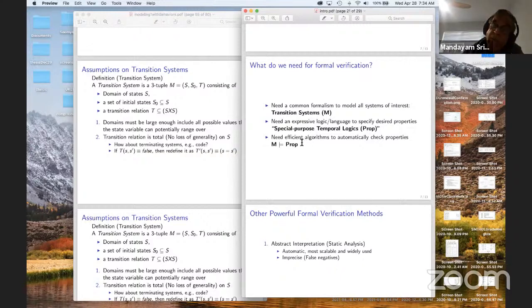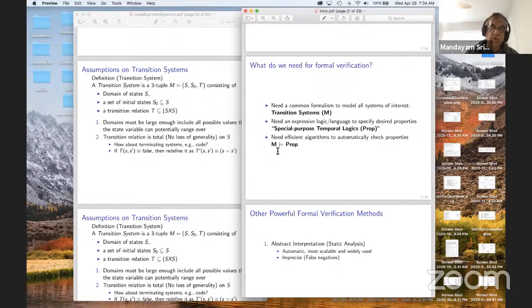And then you will be developing efficient algorithms to automatically check that the properties you specify are satisfied by the model.